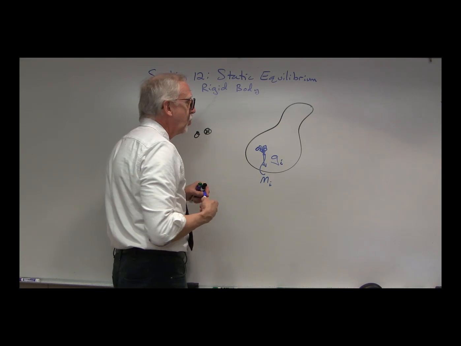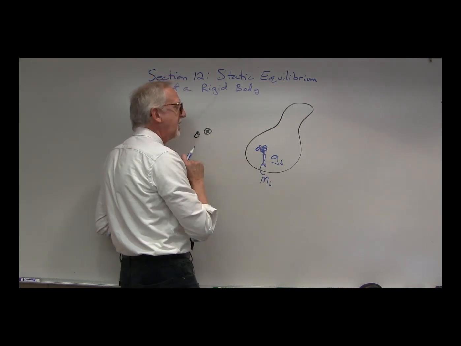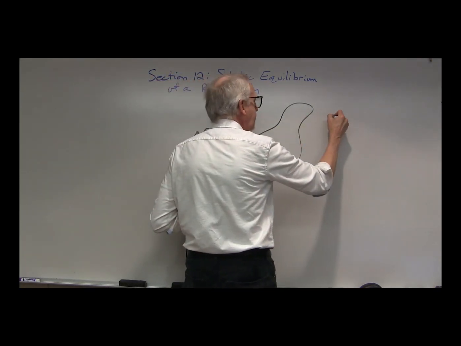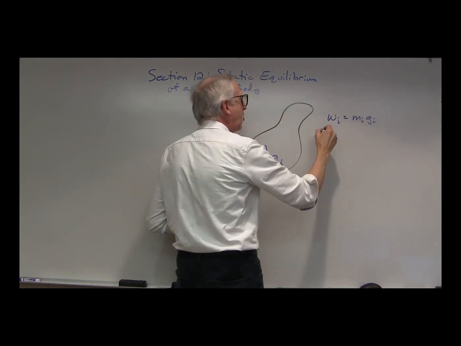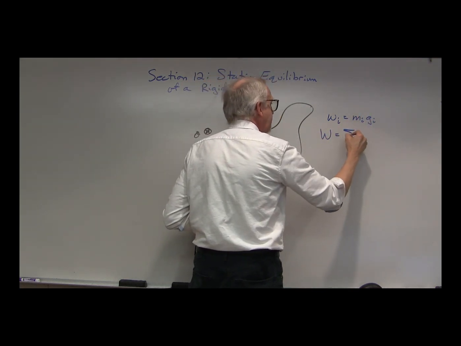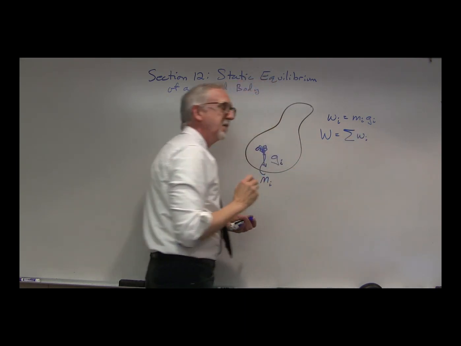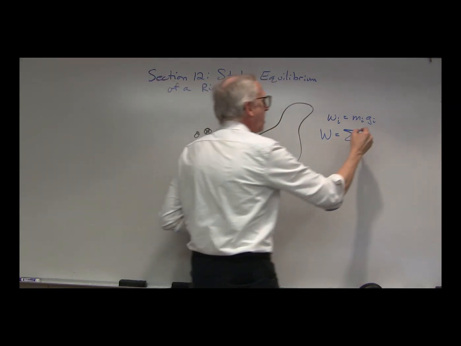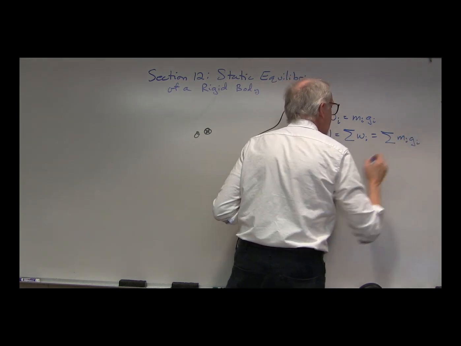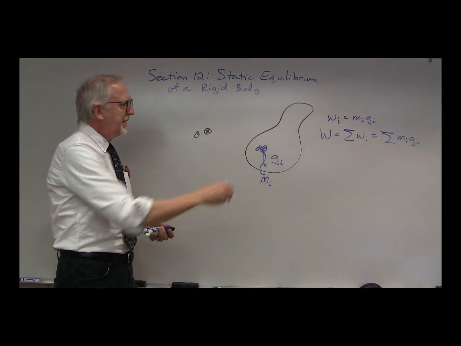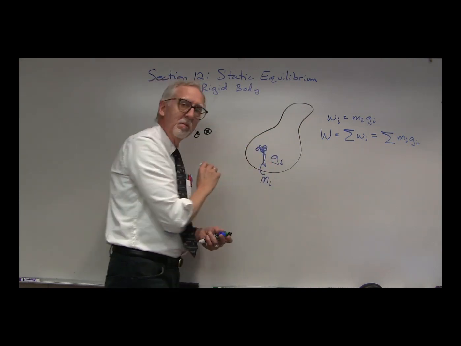The weight of each little object, w sub i, will be m sub i g sub i. The total weight will then be the sum of all of those little individual weights, or the sum of m sub i g sub i.